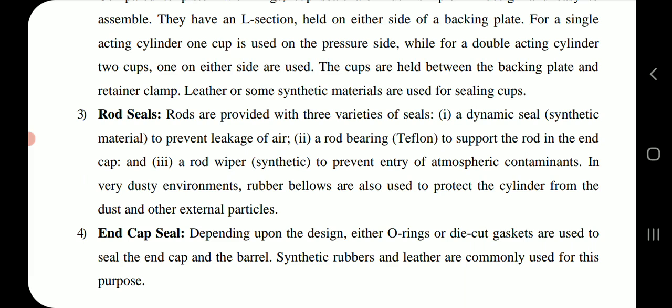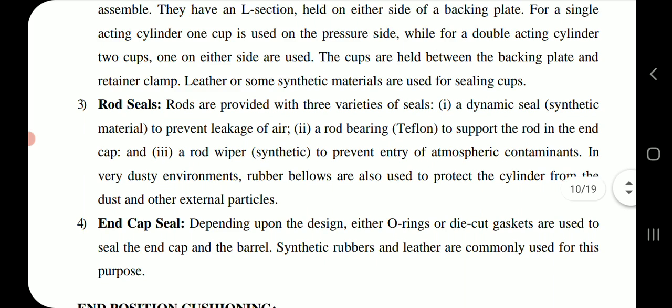In very dusty environments, rubber bellows are also used to protect the cylinder from the dust and other external particles. End cap seal. Depending upon the design, either O-rings or die-cut gaskets are used to seal the end cap and the barrel. Synthetic rubbers and leather are commonly used for this purpose.